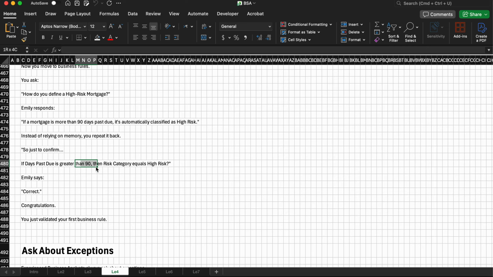What is that number? So the risk category equals high risk. You are saying if days past due is greater than 90 days, we are saying high risk.